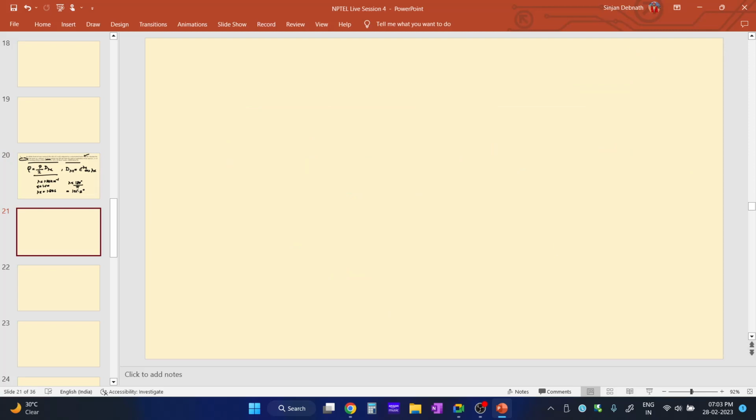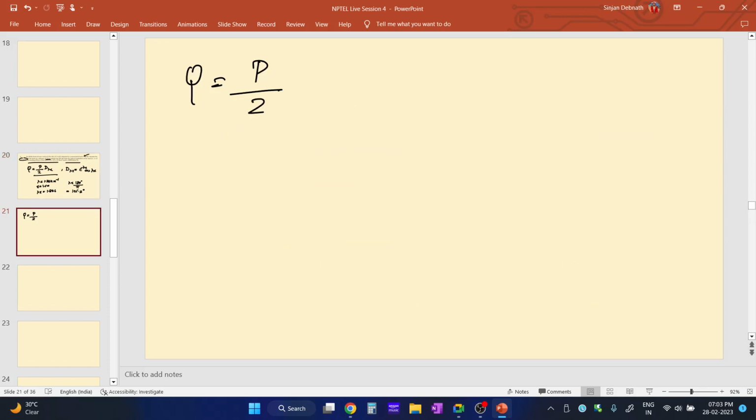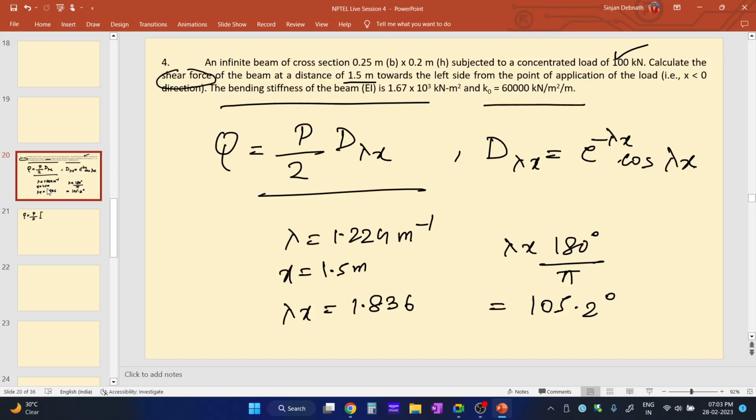So if we put all this into this equation, Q is equal to P by 2 into D lambda x. What is D lambda x? D lambda x is e to the power minus lambda x cos lambda x.